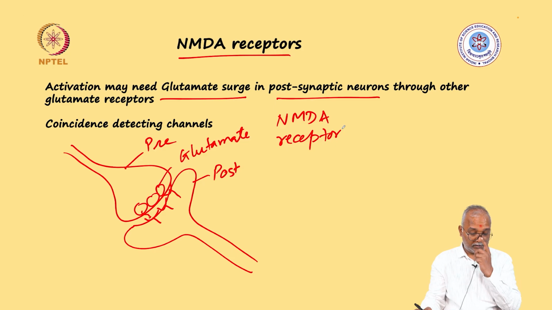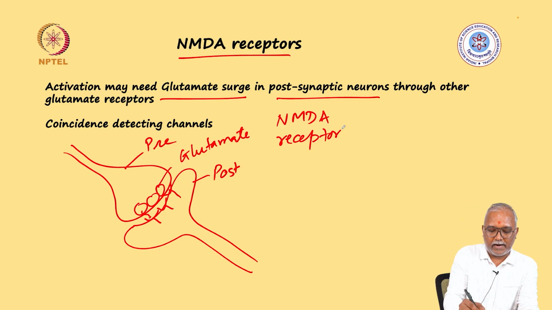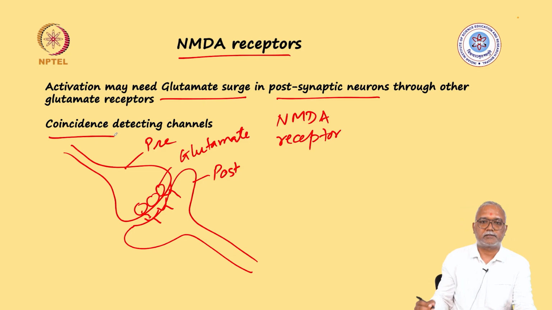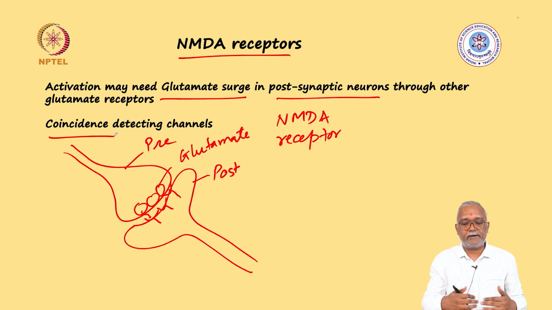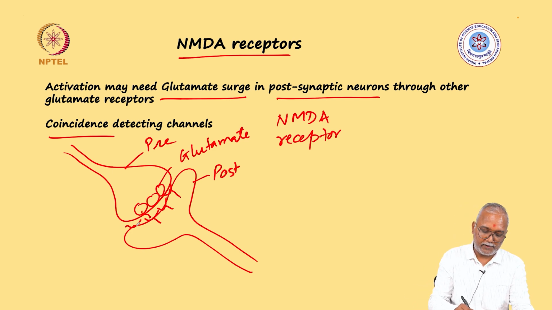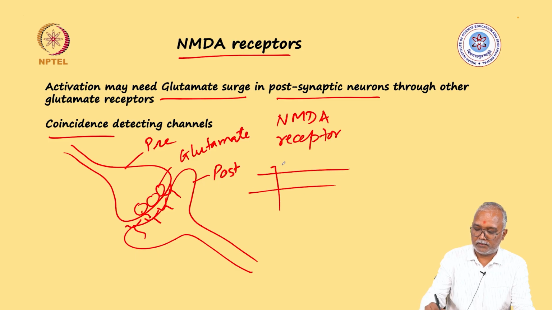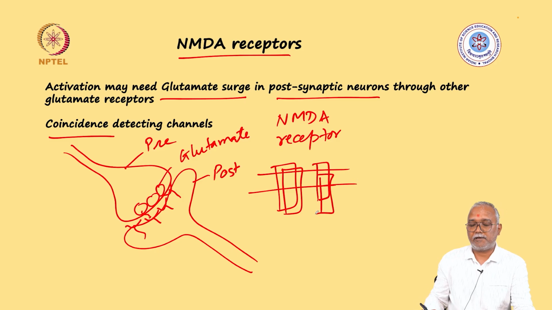Detailed study of this receptor suggested that they are channels which detect coincidence, coincidence meaning another event of receptor binding to something. So these receptors, particularly if we discuss the NMDA, and simply I draw it like this as the tetrameric assembly, are regulated by the presence of magnesium.